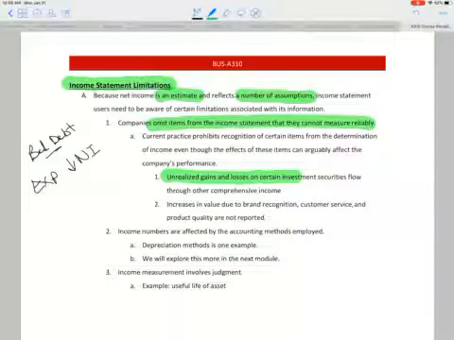So for example, if we invest in another company, we purchase some shares of stock in another company for $2 a share, and then they start trading on the stock market at $3 a share, then the gain in the value of that investment doesn't get reflected in net income until we actually sell those shares. And so it goes in other comprehensive income. It gets reflected in the equity section of the balance sheet, but it doesn't get reflected as part of net income.